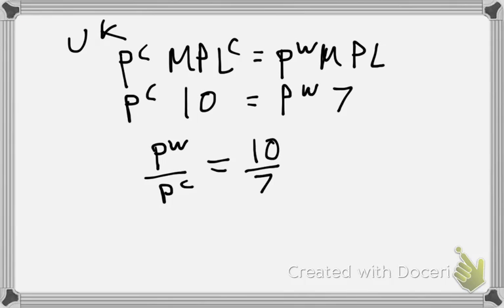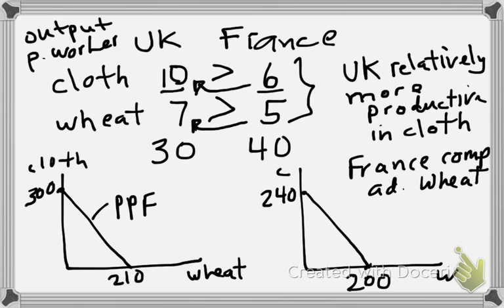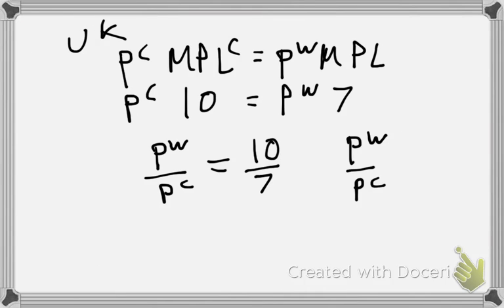So that's the UK. And for France, we're going to have PW over P cloth. Go back and find what France's productivity of cloth is, 6 and 5. So it's going to be equal to 6 over 5. So again, we see that wheat is relatively expensive in the UK.